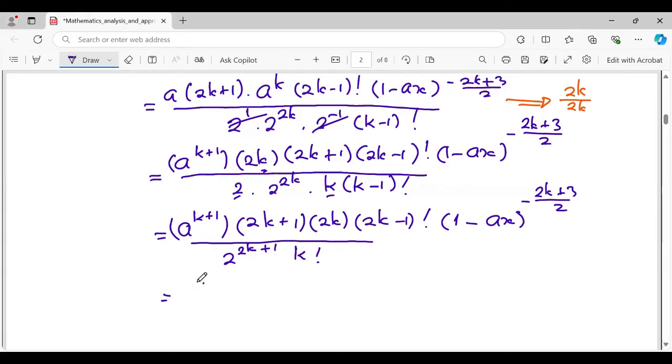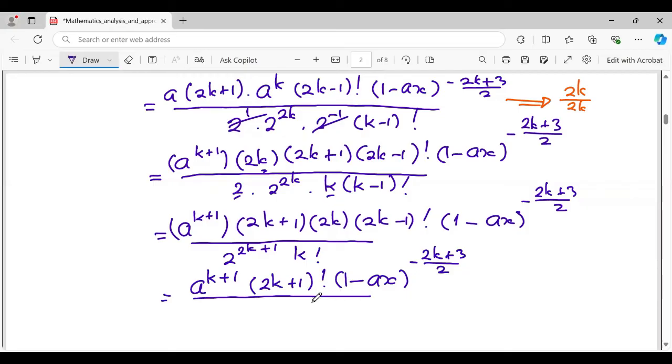So it's going to be a power k plus 1 times 2k plus 1 factorials, after that 1 minus ax power minus 2k plus 3 over 2, over 2 power 2k plus 1 times k factorials. Okay, so this is if n equals k.